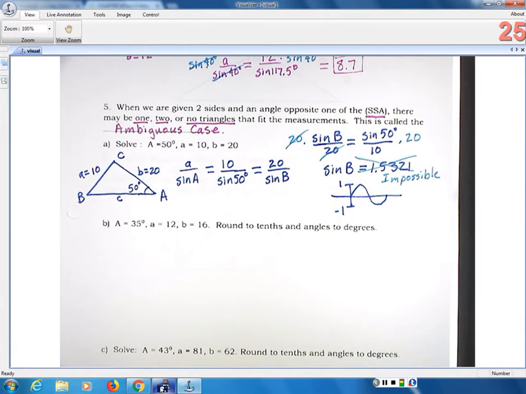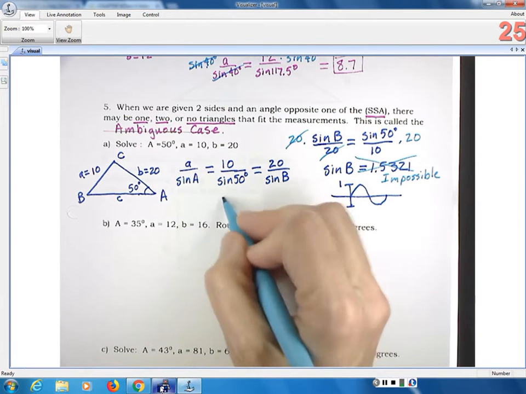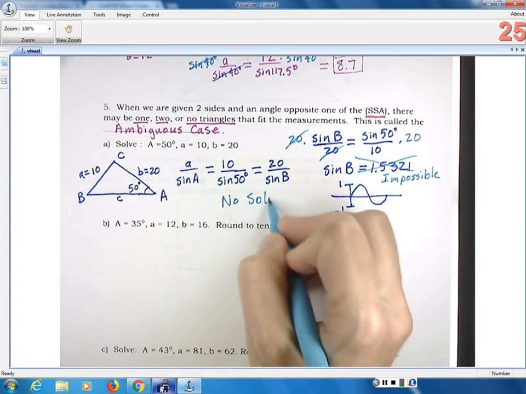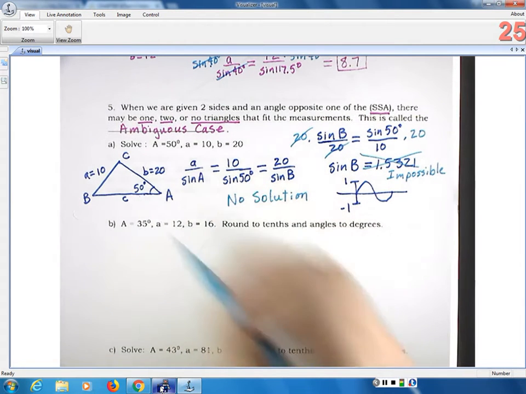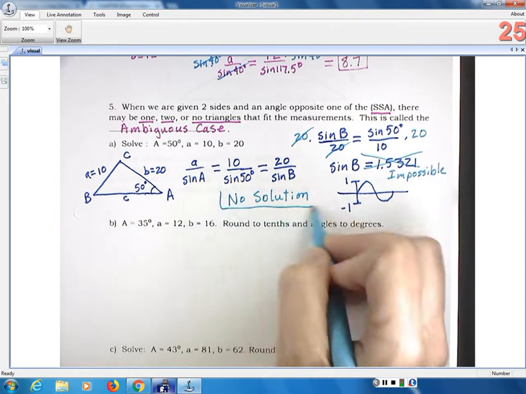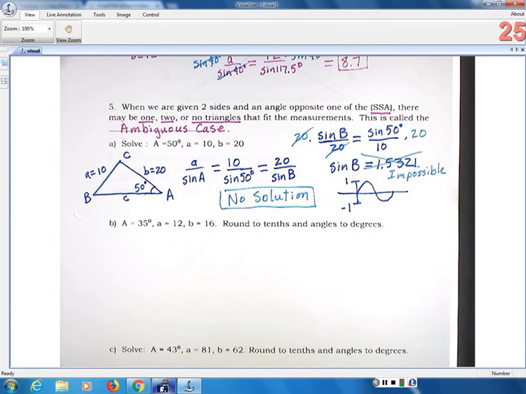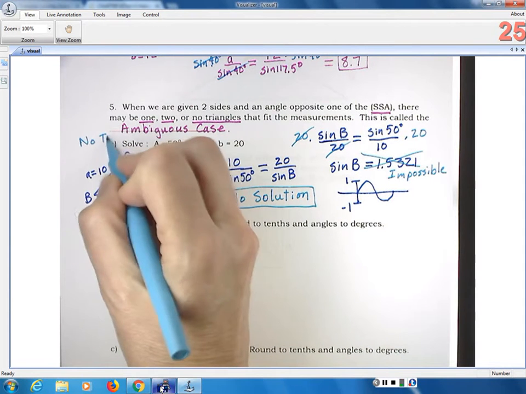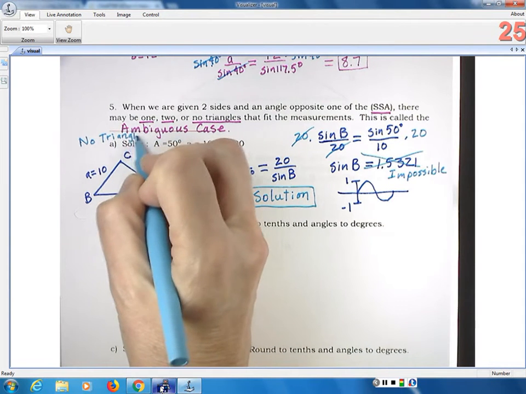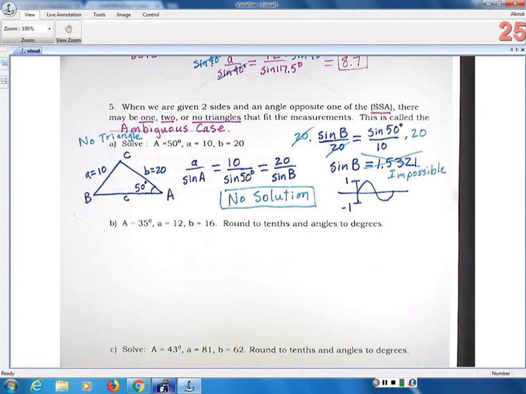You're going to write that there's no solution. And if I had drawn it more to scale, maybe you could have seen from the picture that there was no solution. But you've got to show something like this, and then circle, put no solution. Okay? So that's where there's no triangle. It was obvious there was no triangle because we got a sine more than 1.